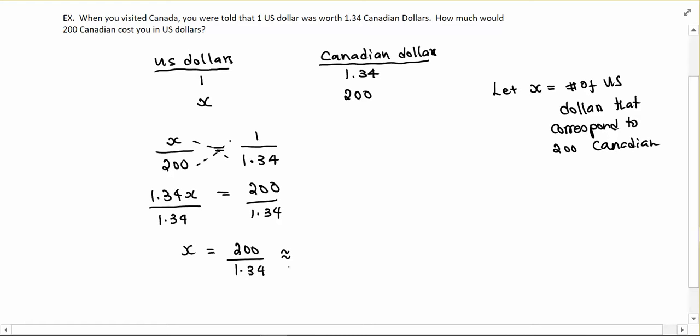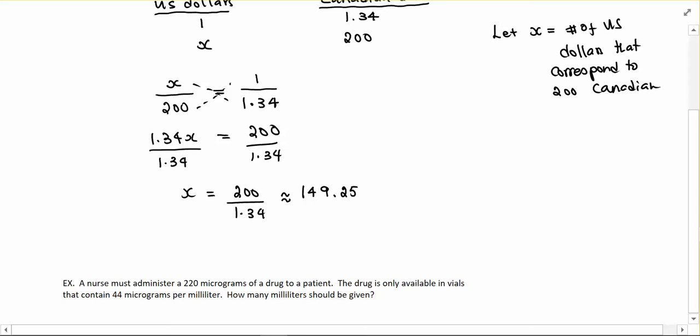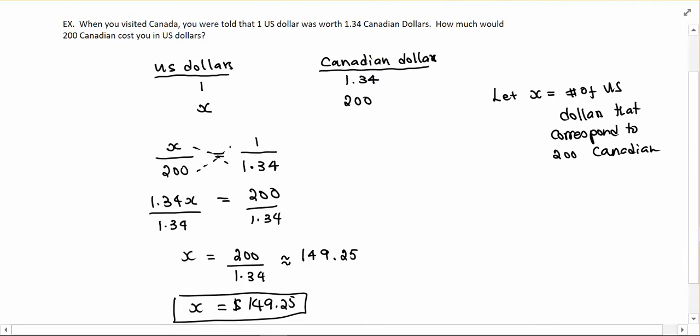When I do the division, I get 149, and if I round to 2 decimal places, because it's dollars and cents, $149.25. So X would be $149.25, and you report your answer.